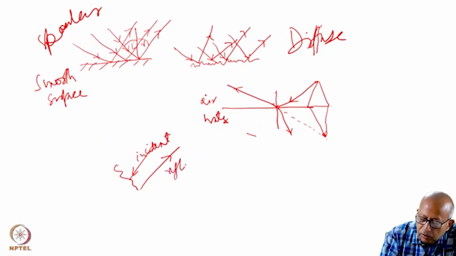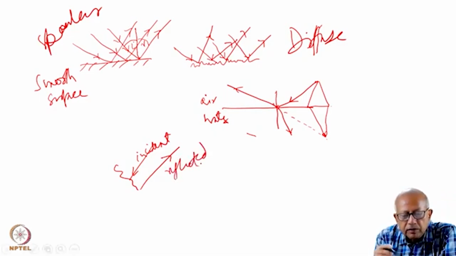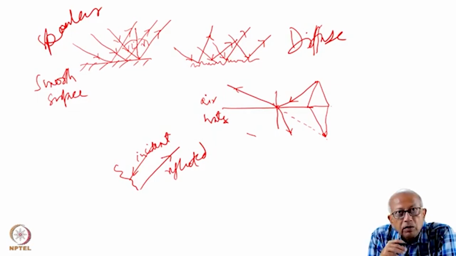This is the reflected light. So the reflected ray travels exactly in a direction opposite to the incident light.